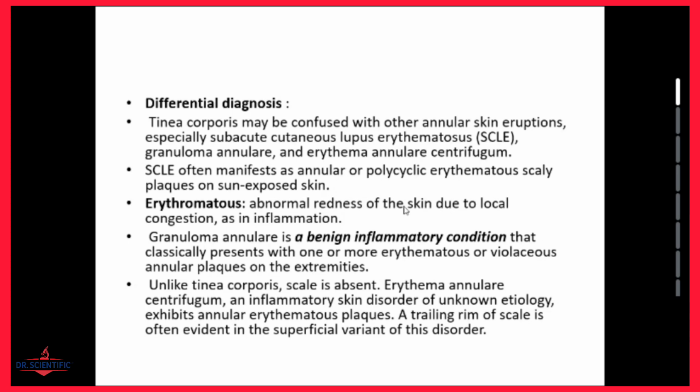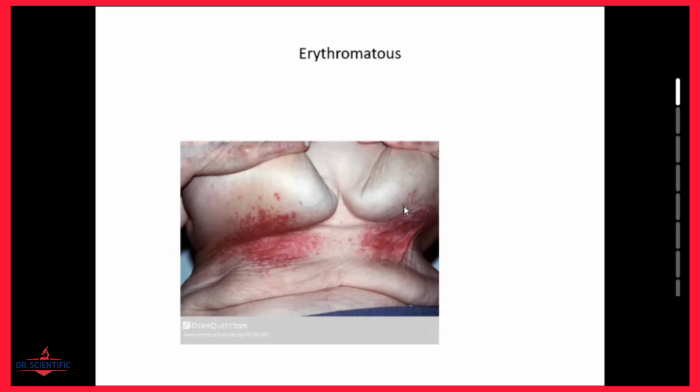It looks like cells which are beginning to divide uncontrollably, which can act as a precursor of cancer, but not really cancer. That's why we are calling it benign. That is what we are calling erythematous, the reddening of other parts of the body. Suppose this is below the sternum and along the stomach, where the infection is causing that reddening there. It's an example.